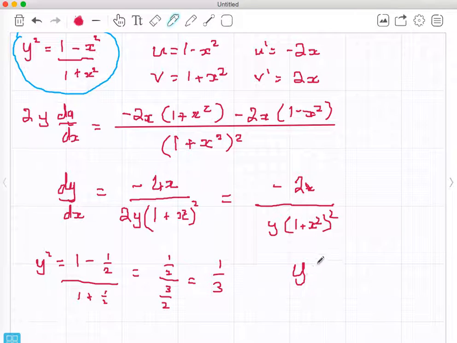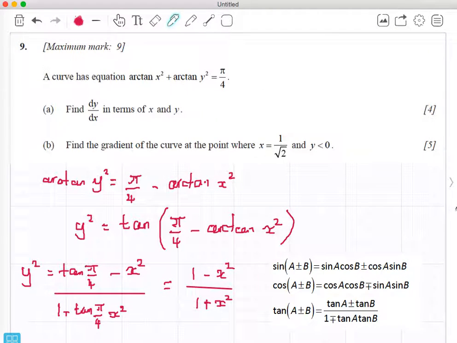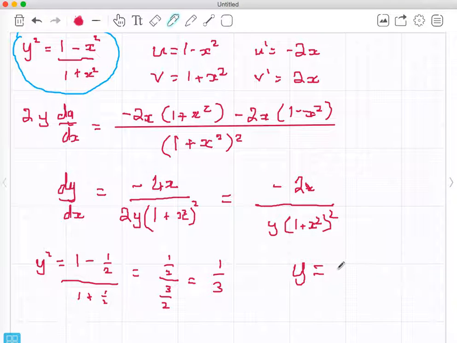So y equals plus or minus the square root of a third. Y is less than 0, so y is minus 1 over root 3, and x equals 1 over root 2. So now I'm going to put these values into here to get the gradient.